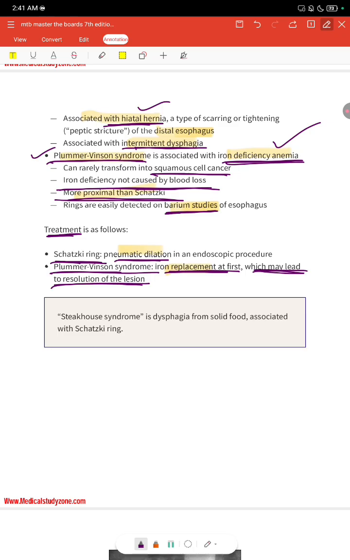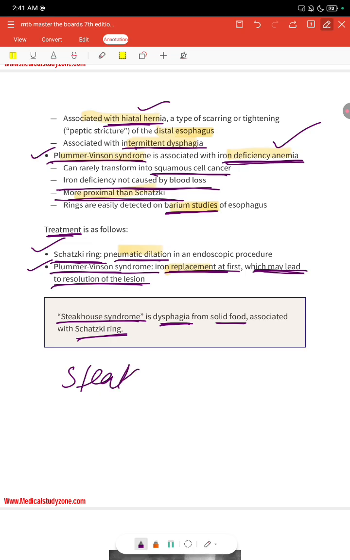So these are the treatment options. For Schatzki ring, it is pneumatic dilation. For Plummer-Vinson syndrome, it is iron replacement at first, which may lead to resolution of the lesion. Stackhouse syndrome is dysphagia from solid food associated with Schatzki ring.